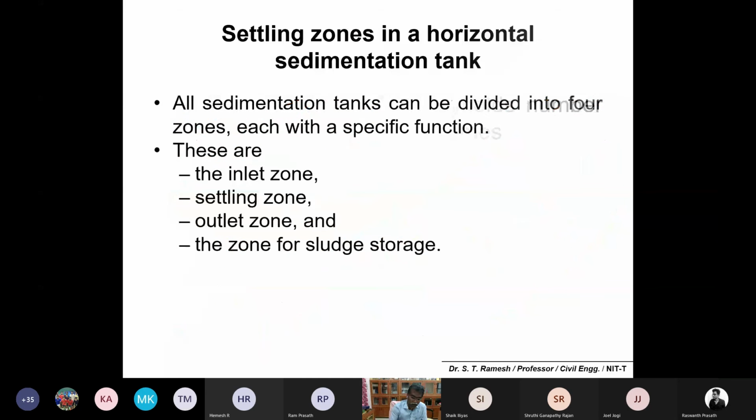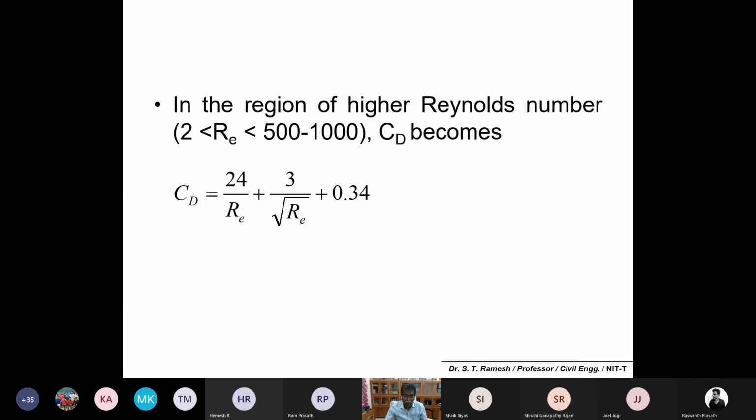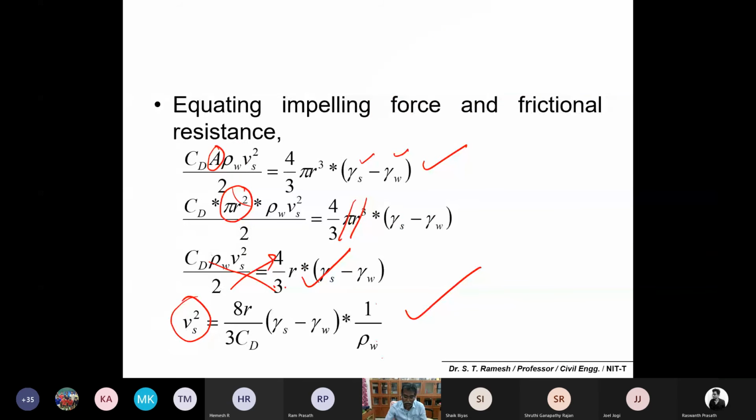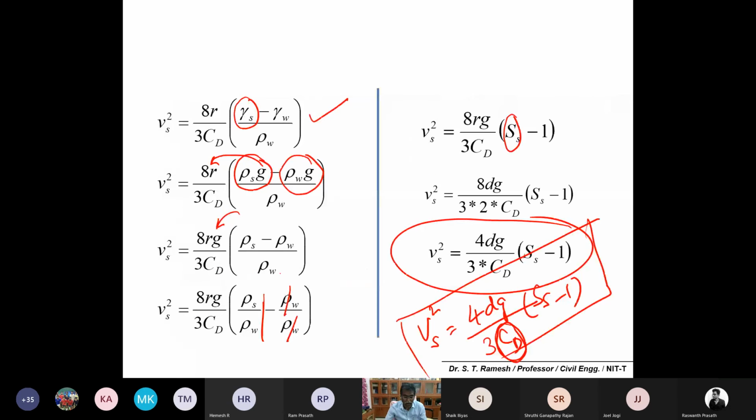Let me repeat, this is very simple. You equate two forces, the impelling force and the frictional resistance, and rearrange to get Vs square equals 4dg by 3 CD, times Ss minus 1. CD is related to 24 by Re if the Reynolds number is less than 2, the laminar flow condition.